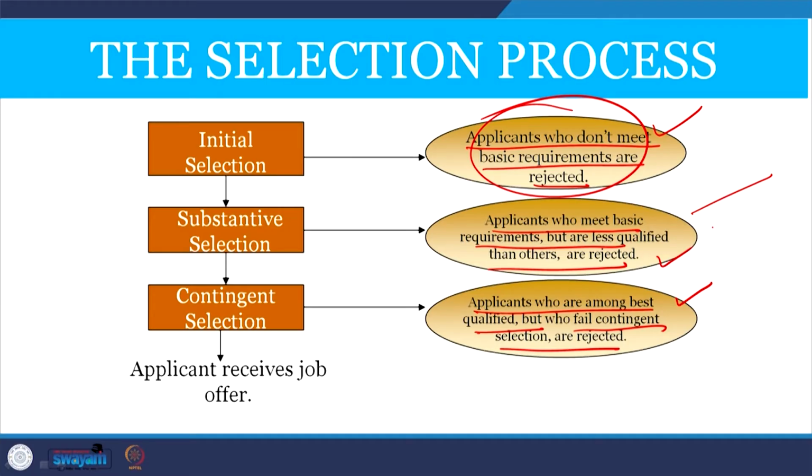In the third phase, contingent selection, applicants who are among the best qualified but who fail the contingent selection test are rejected. Finally, after passing through these 3 stages, an applicant receives a job offer.